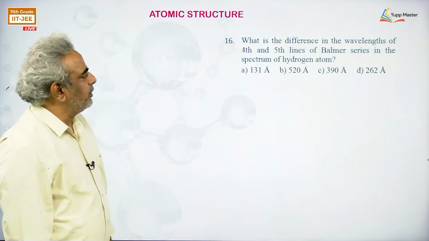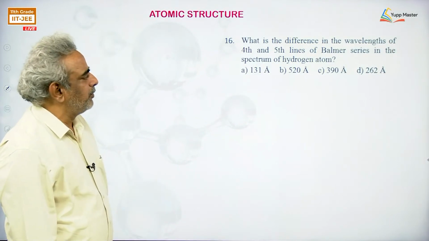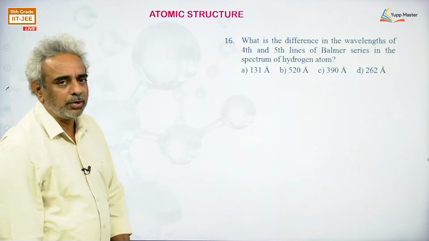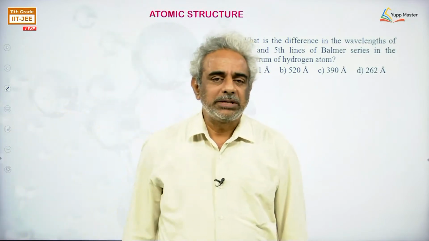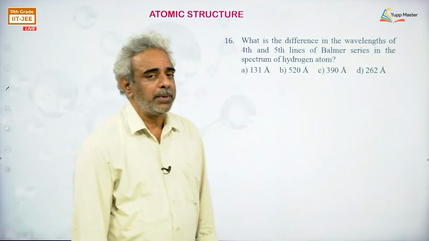What is the difference in the wavelengths of the 4th and 5th lines of the Balmer series in the spectrum of hydrogen atom? That wavelength gap he is asking, 4th line and 5th line in the Balmer series.